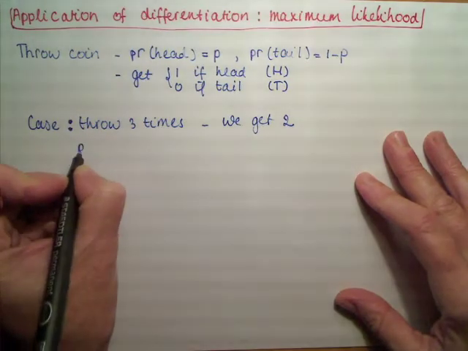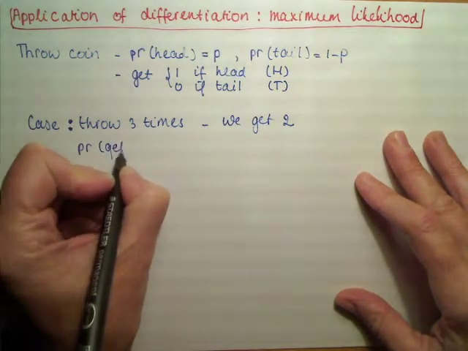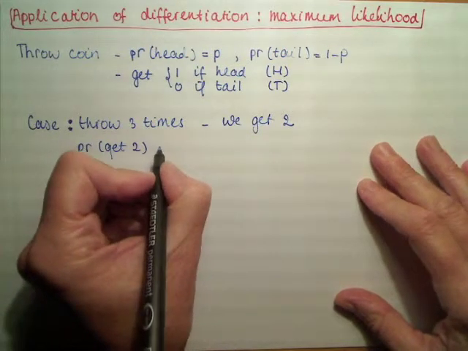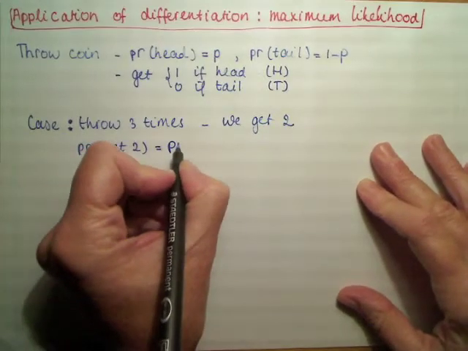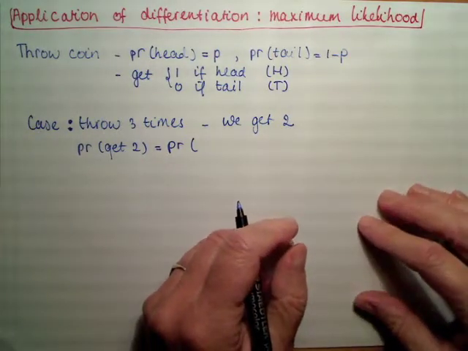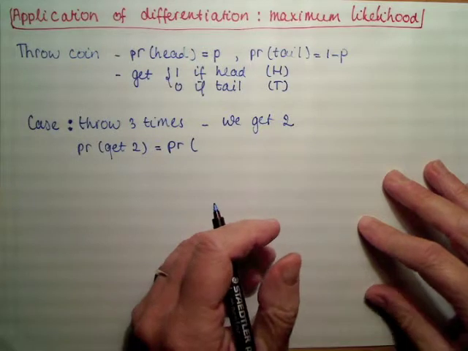So, the probability that we get 2 is, well, we get 2 if we have 2 times head. So this is the probability of 2 times head, but this can occur in different ways.